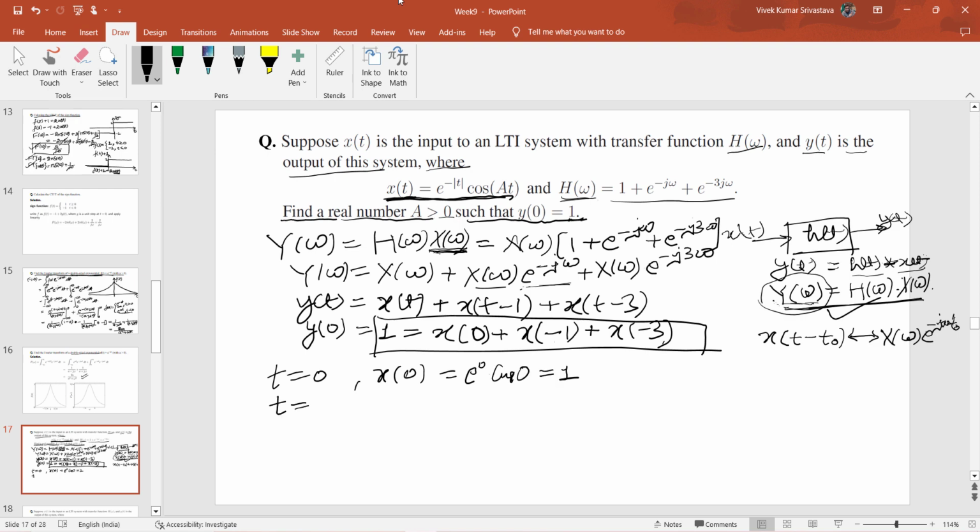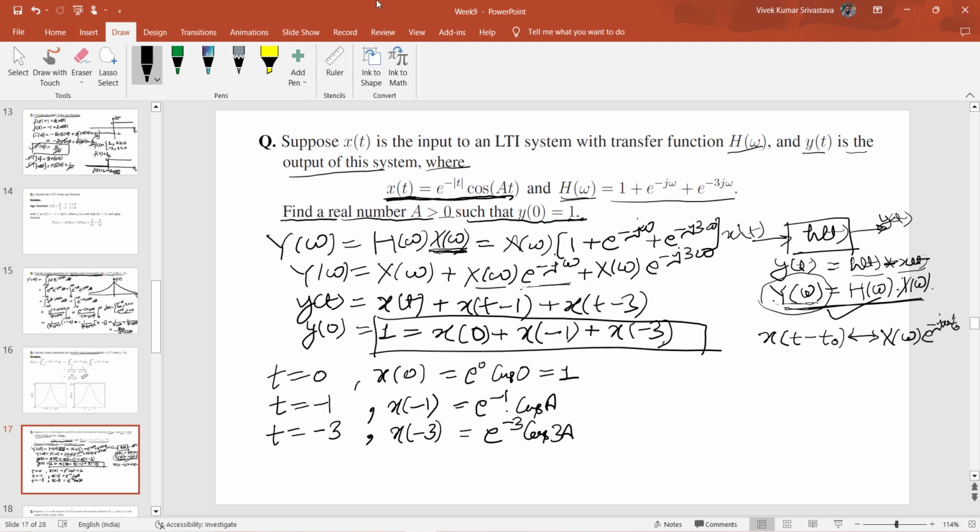For t equals minus 1, the value of x of minus 1 will be equal to e raised to the power minus 1 into cos of a. Similarly, for t equals minus 3, the value of x of minus 3 will be equal to e raised to the power minus 3 cos of 3a.